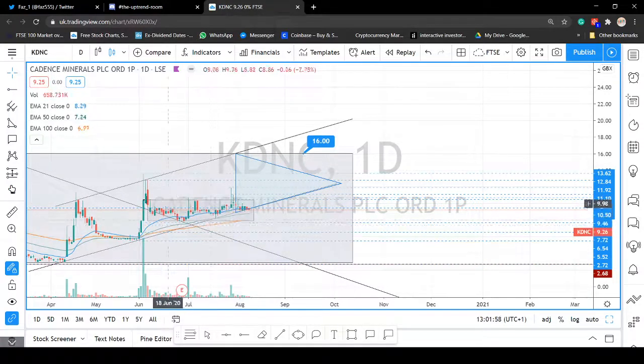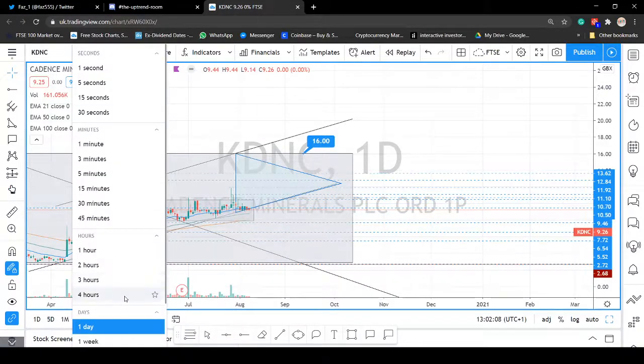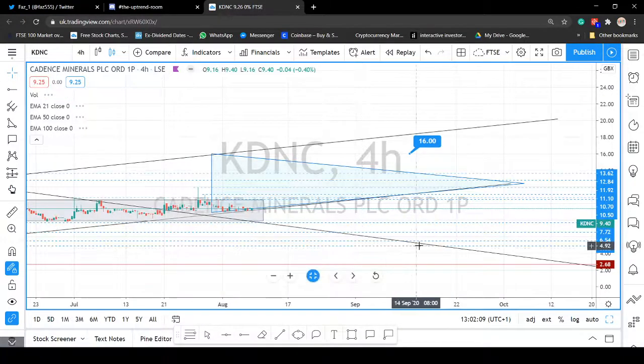There's a lot of stubborn resistance here that price needs to get past. Let's zoom in to the 4-hour chart, then we can see what's going on a little bit closer.